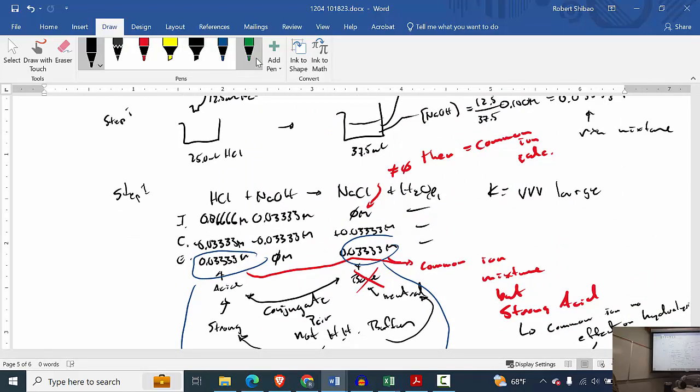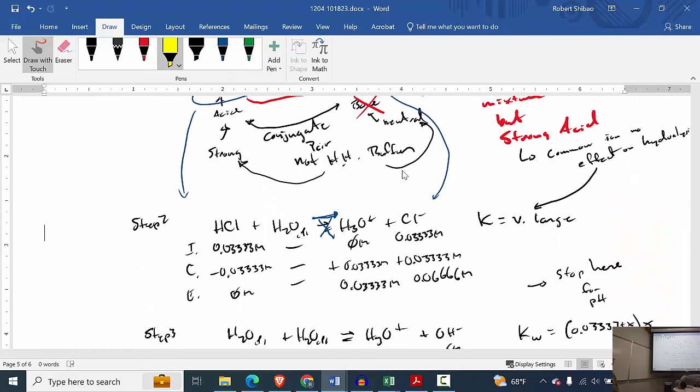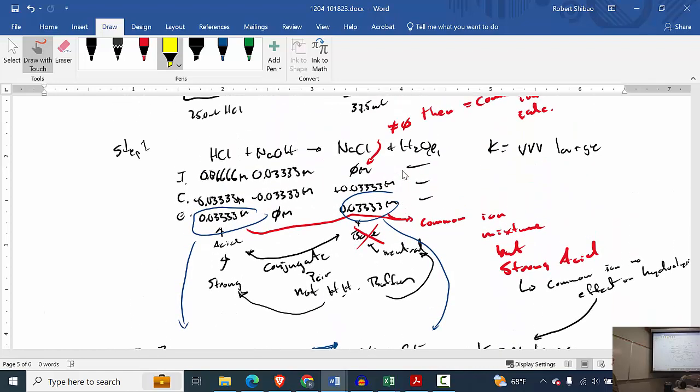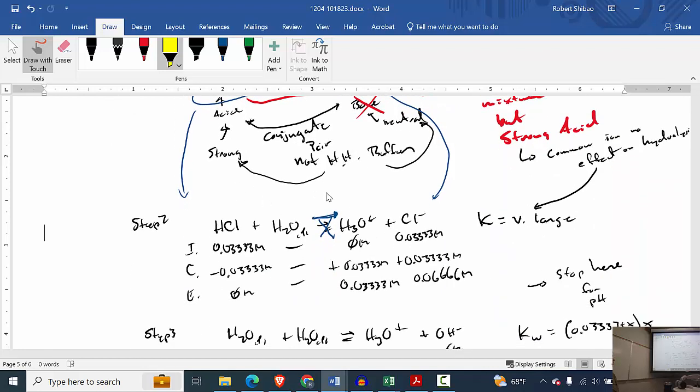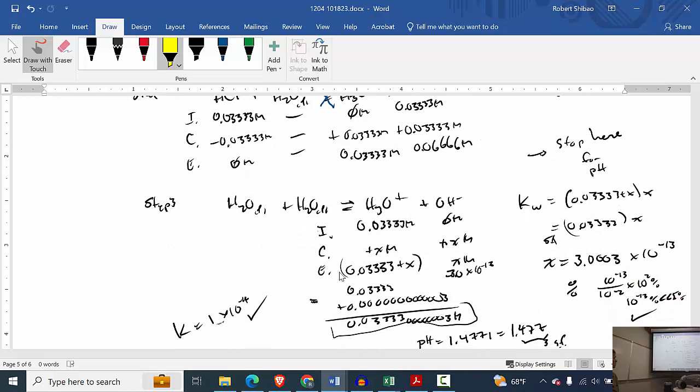The hydronium ion concentration is here, the hydroxide ion concentration is here, the chloride ion concentration is here.